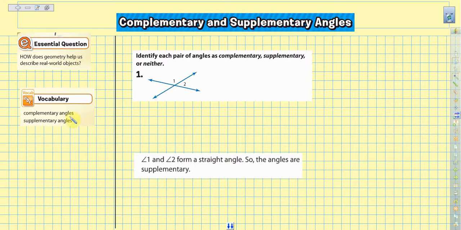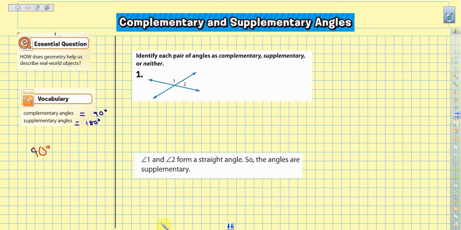Okay, complementary angles, two angles together equal 90 degrees. Supplementary angles are two angles added together equal 180 degrees. So a real fast way to understand that is to take the C and just draw a line, and it kind of makes a 9 for 90 degrees.